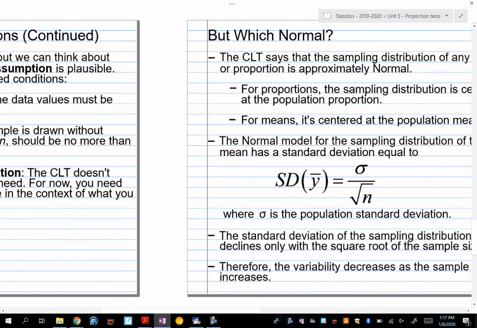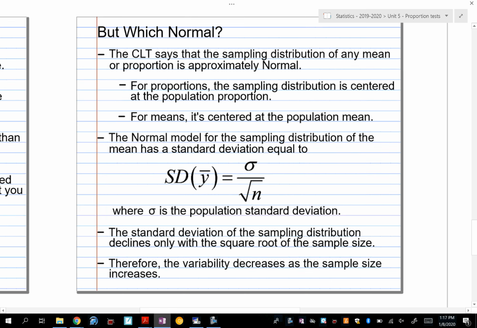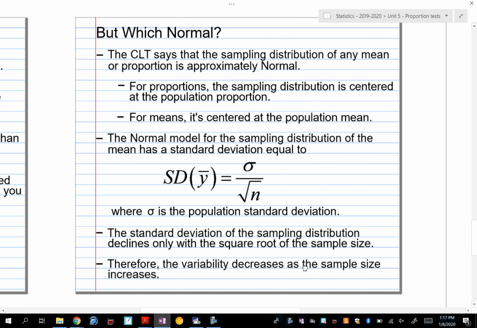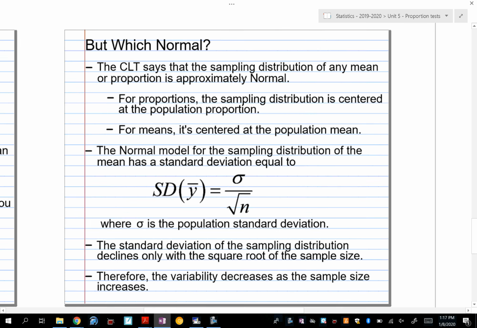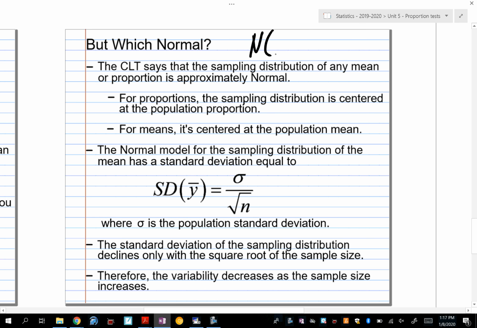Now, for the normal model, remember we did this yesterday. When you have a normal model, you must have a mean and a standard deviation, or a mu and a sigma. Now, for the mean here, these are means, so we're just going to use the population mean. That's mu.